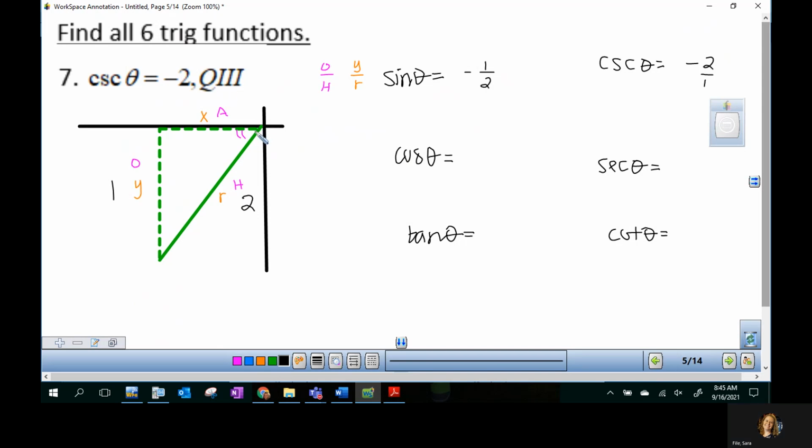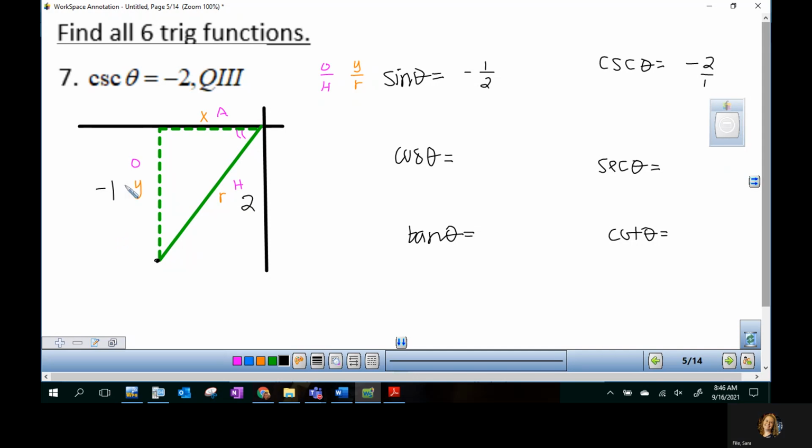Well, not tangent. Sine and cosine are negative, but both pieces of the coordinate, right? The x and the y. The y is negative because you go down to get to this point, right? You're going left and down. The x and the y are both going to be negative. So that's where that negative's coming from. R is never negative. Your hypotenuse is never negative. It's the x or the y, the O or the A, that has the negative on it.